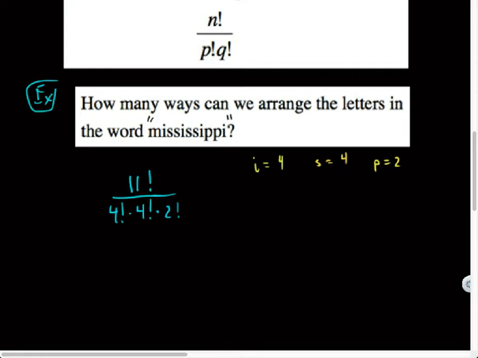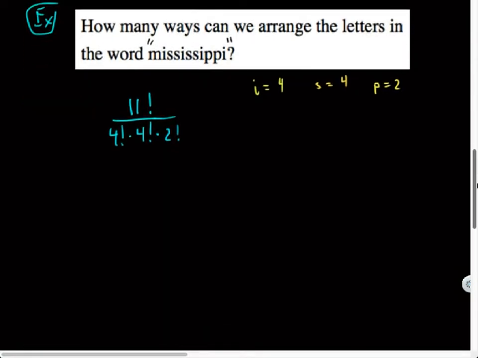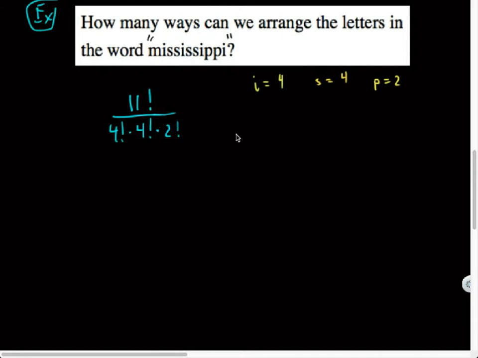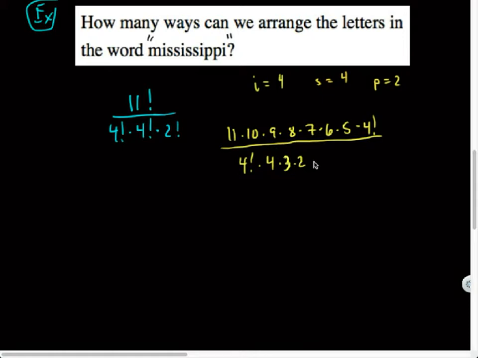So my answer is just going to be a matter of simplifying this. I'll write this out the long way: 11 times 10 times 9 times 8 times 7 times 6 times 5 times 4 factorial, all over 4 factorial. That'll cancel out nicely. The other 4 factorial I'll write out as 4 times 3 times 2, and the 2 factorial I'll just write as 2.